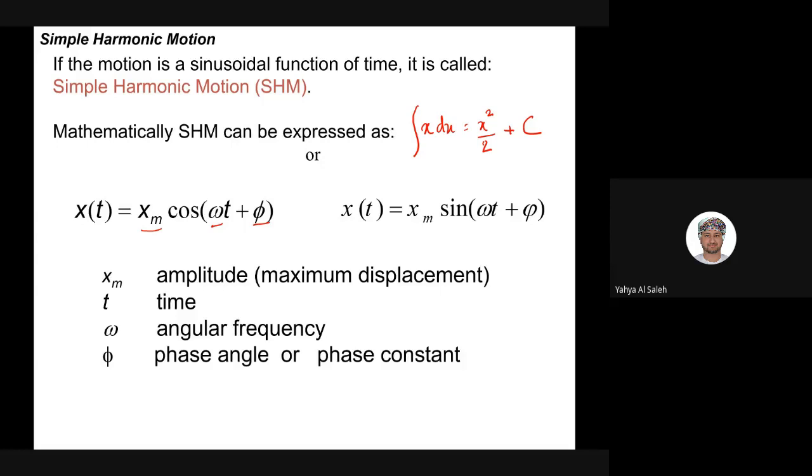So for example, something like at time equals 0, the position is 0, so then c would be 0.